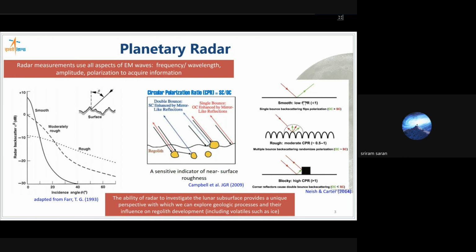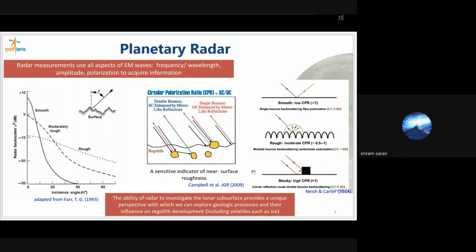So when you have a smooth surface, the CPR is very much less than 1. And when the surface starts getting rough, from smooth to moderate to very blocky surfaces, this parameter rises. So in some situations, the CPR also crosses the value of 1.